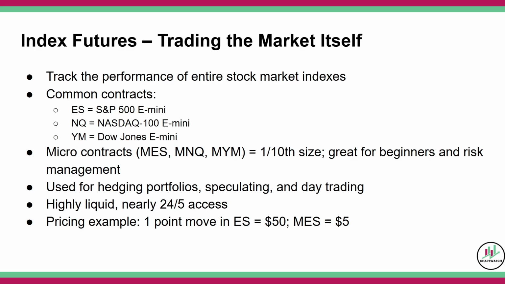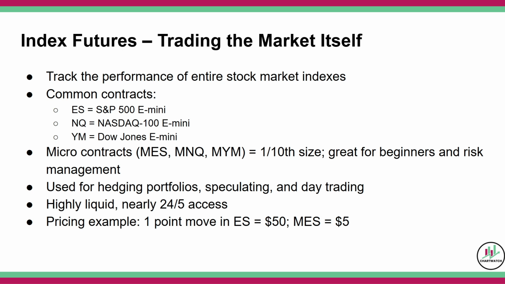So yeah. All right, one of the most traded categories in the entire futures market is the index futures. These are contracts based on the value of a major stock index like the S&P 500, NASDAQ, and the Dow Jones Industrial Average. The most popular contract in this category is the E-mini S&P 500, which has a ticker symbol of ES.